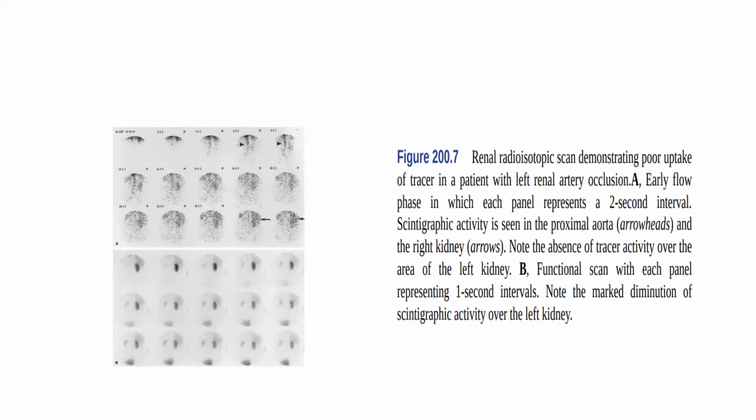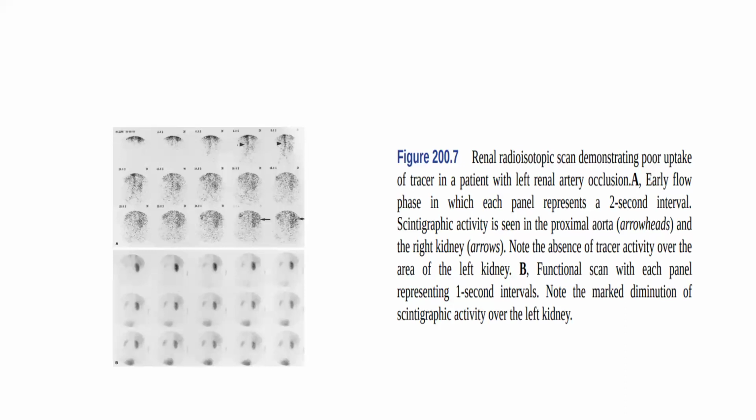Now, this is the diagram which shows the renal radioisotopic scan demonstrating poor uptake of tracer in a patient with left renal artery occlusion. So in A, the picture is suggestive of the early flow phase in which each panel represents a 2-second interval and scintigraphic activity is seen in the proximal aorta and right kidney.